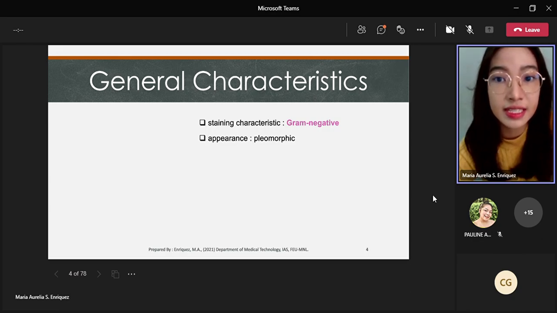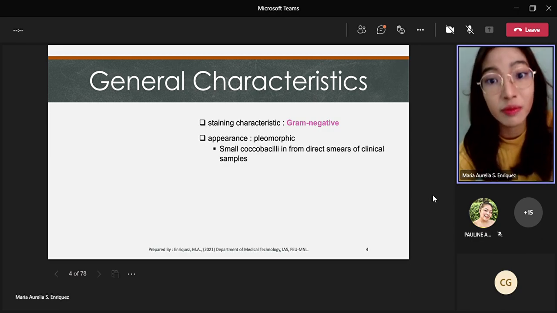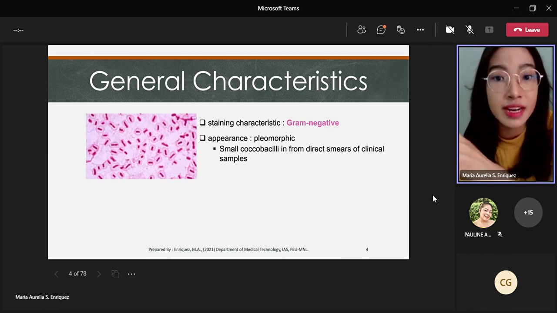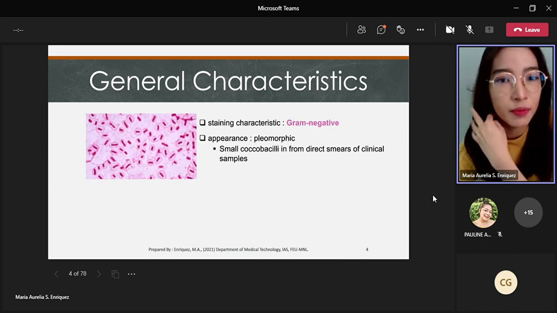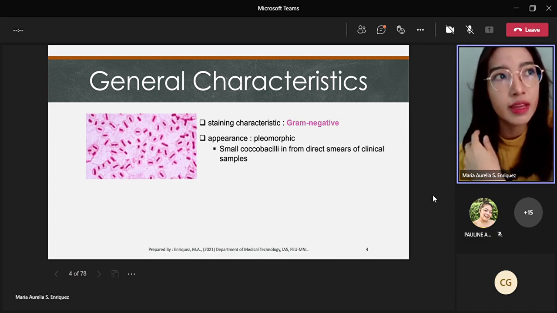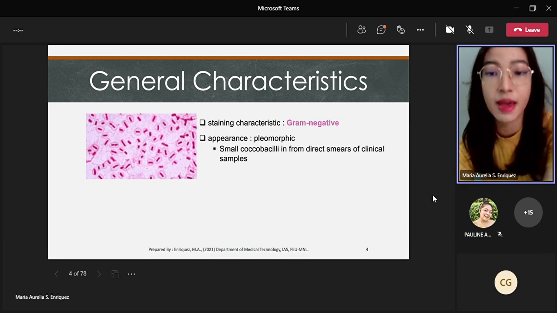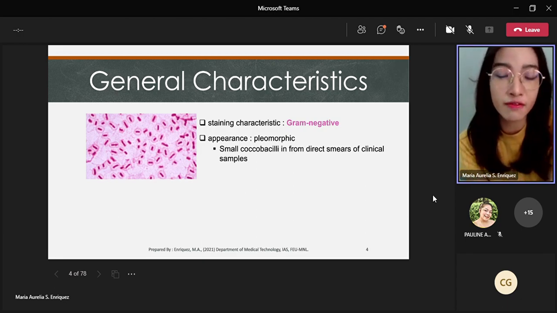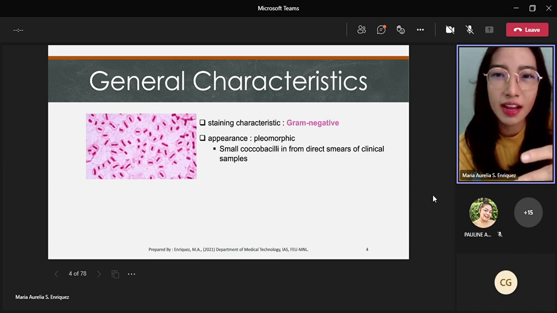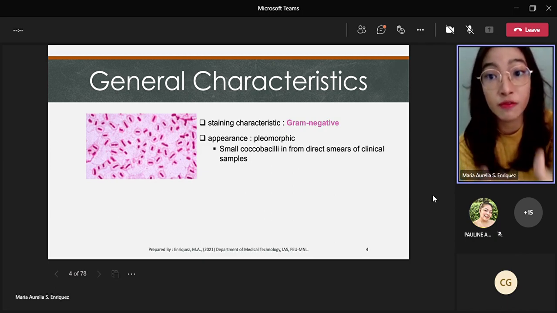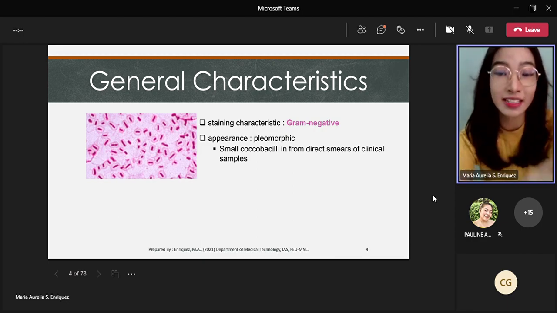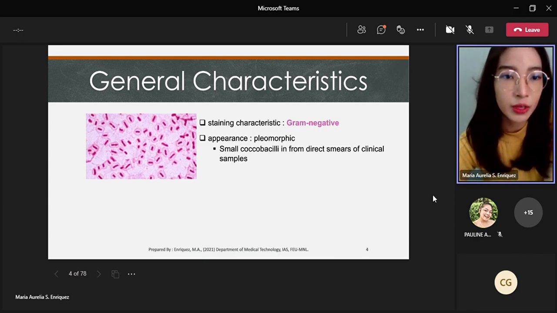So in direct smears from clinical samples, they could be seen as short cocobacilli, just like these ones in this photo. So ayan po. And then, if ang gagawin naman natin is we first take the clinical specimens and then make cultures out of those, and then parang microscopically observe those organisms na nanggaling na sa culture, mag-iiba rin po yung itsura nila.